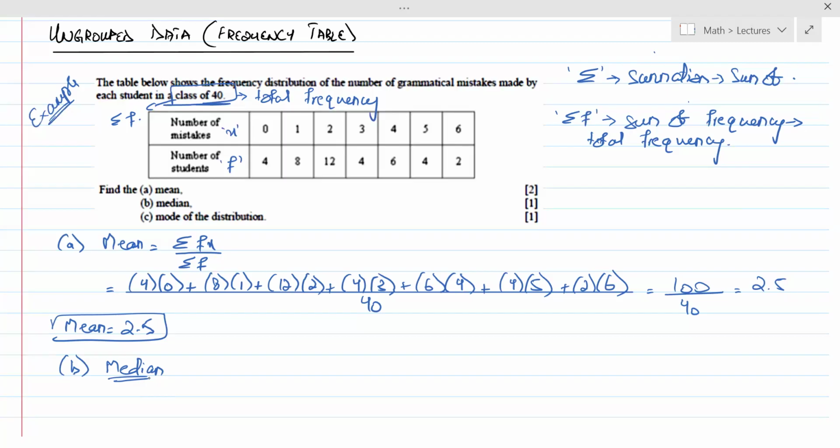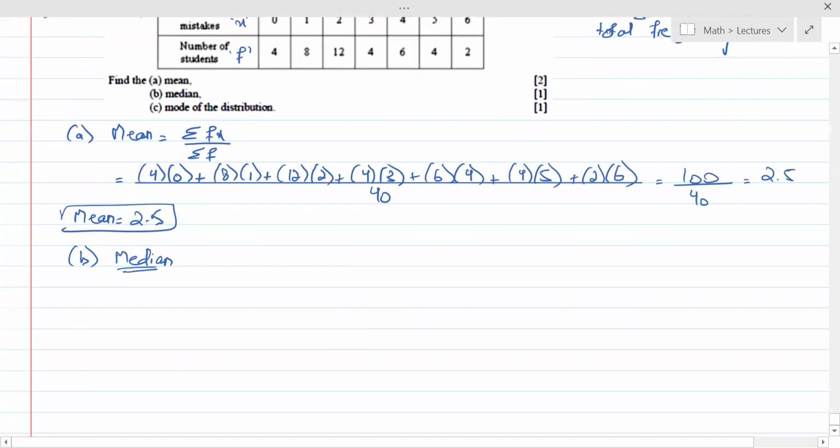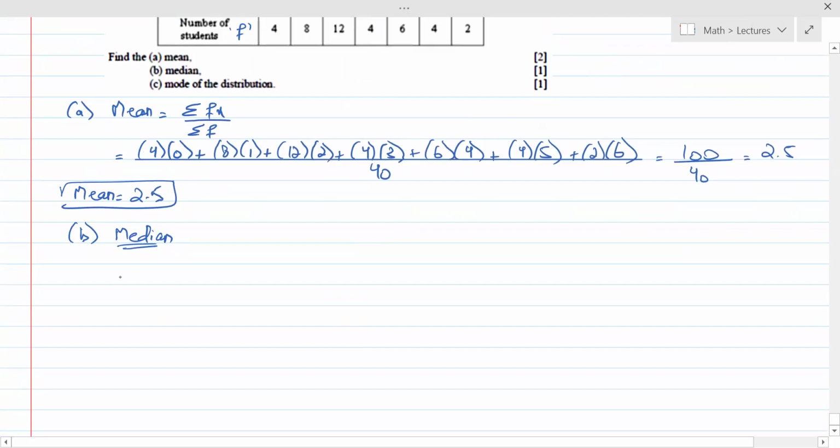Now to find that median column, we have the formula: median position, or the median value, is equal to (summation f plus 1) upon 2th value. This would give us the position of the median value.